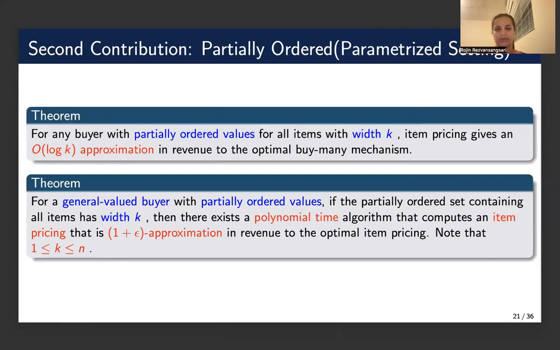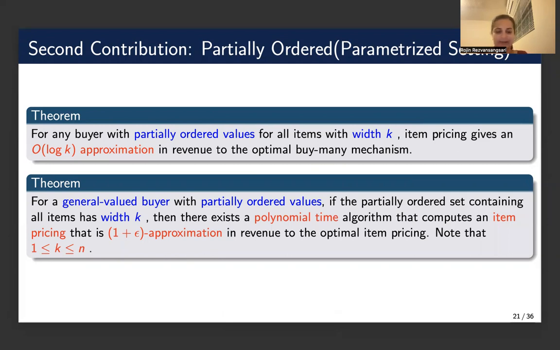So what have we shown about the partially ordered setting? Let's say K is the width of the partial ordering, and we have shown that item pricing gives a log K approximation in revenue to optimal by many. And regarding computation, we get a 1 plus epsilon approximation to optimal item pricing when K is constant.